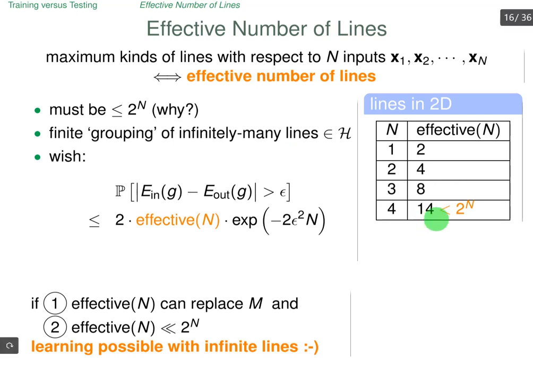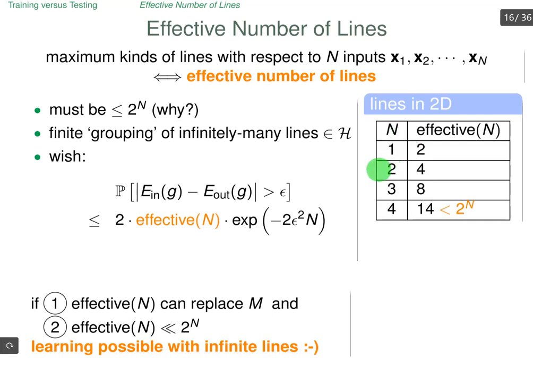For example, in 2D, we have seen the following lines. Lines are linear functions; you can also think about them as perceptrons. When we have 1 point, 1 example in 2D, the effective number of hypotheses was two. There were just two hypotheses by kind that can label one point into two different labels: blue circle, red cross.